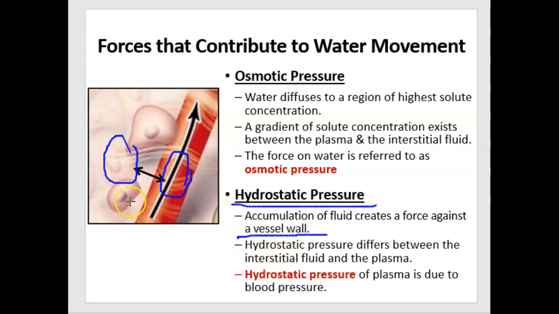So this hydrostatic pressure will differ in the interstitial space and in the bloodstream. Wherever it's higher, that will force the water to move in or out. We refer to this force as hydrostatic pressure. Now, hydrostatic pressure in the plasma is just what we've already learned about. It's blood pressure.